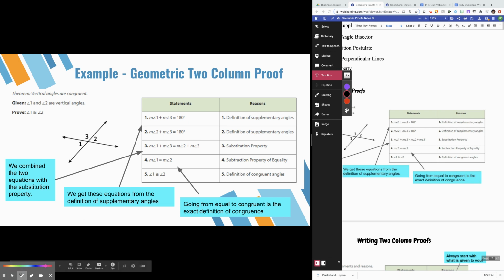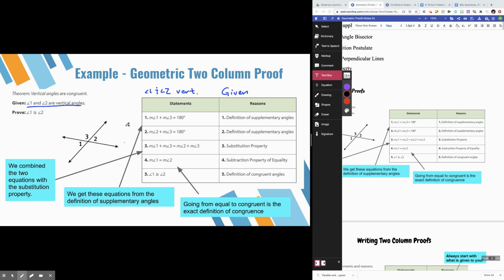Like in the proof, if you remember from algebraic proofs, I told you that the first statement and reason should always be given, right? So really there should be this term up here that says, angle 1 and angle 2 are vertical, okay? They skipped that for this one just because they were trying to show you why this theorem is true, okay?